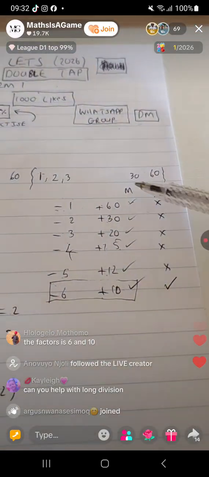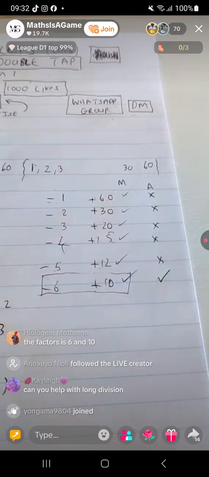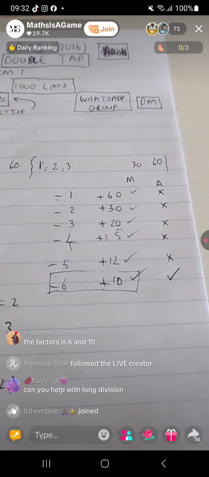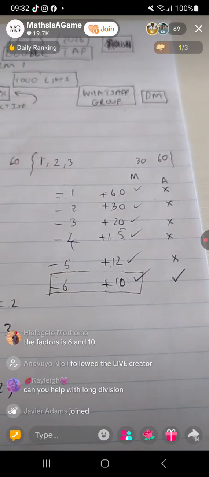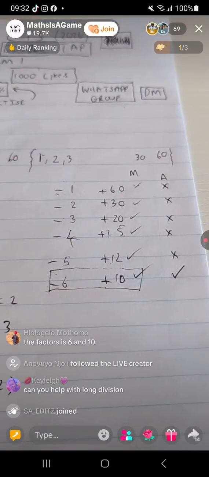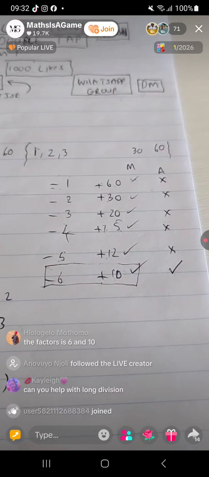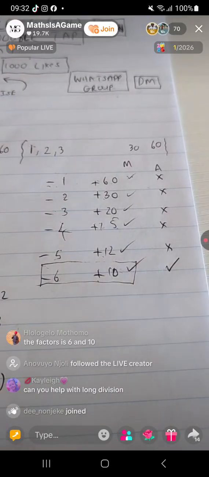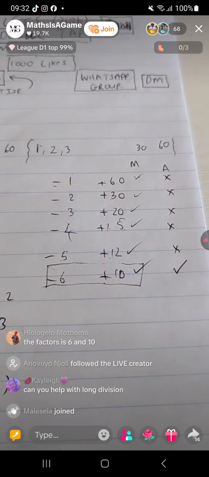Now I know some of you don't even need to do all of this. Because you know your multiplication very well, it's almost as if the factors just pop up in your head and you can simply go ahead and write the answer. Well, those who can do that, you guys are phenomenal, exceptional, beyond measure.